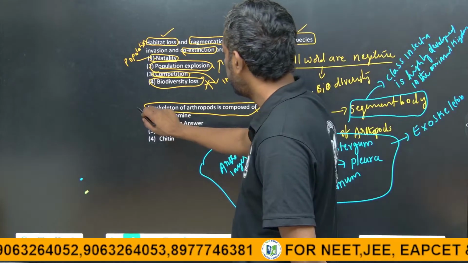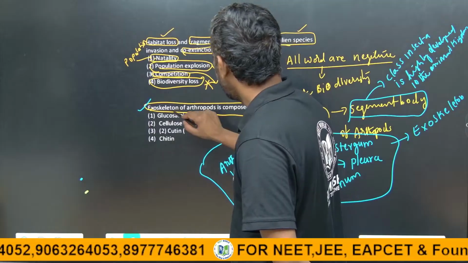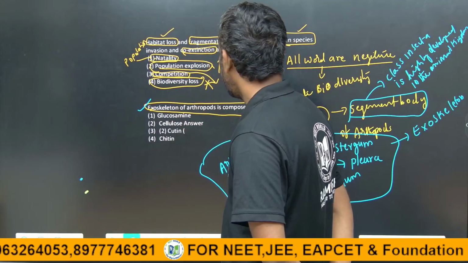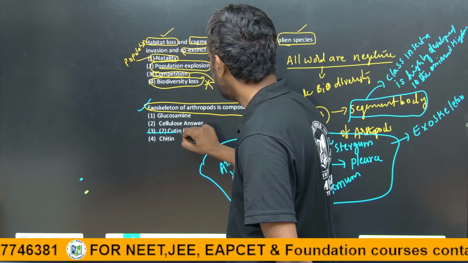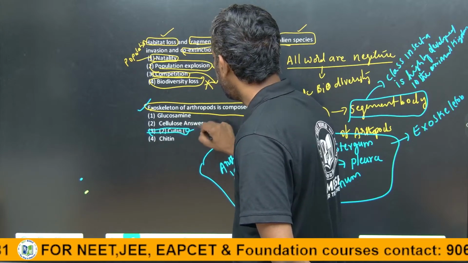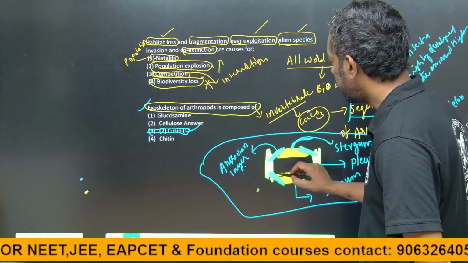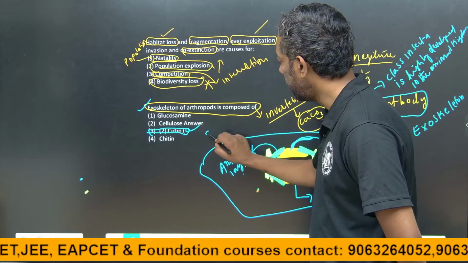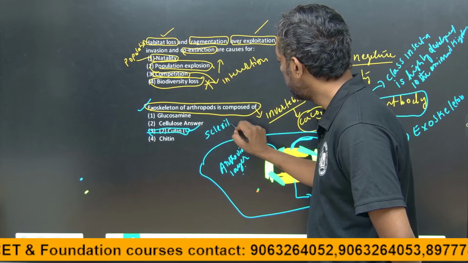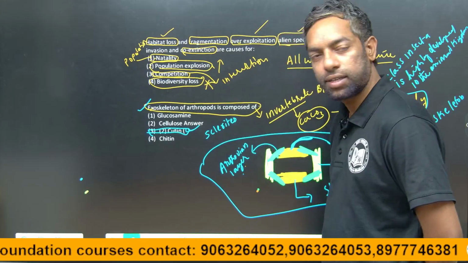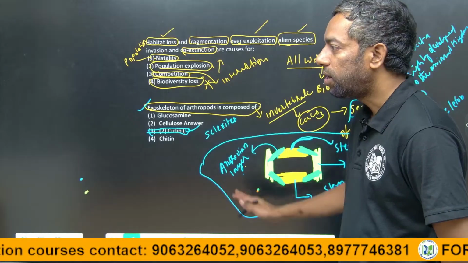Guys, here just look into the answer. The exoskeleton of arthropods is composed of chitin, guys. This is a chitinous plate. Chitinous plates are called sclerites.